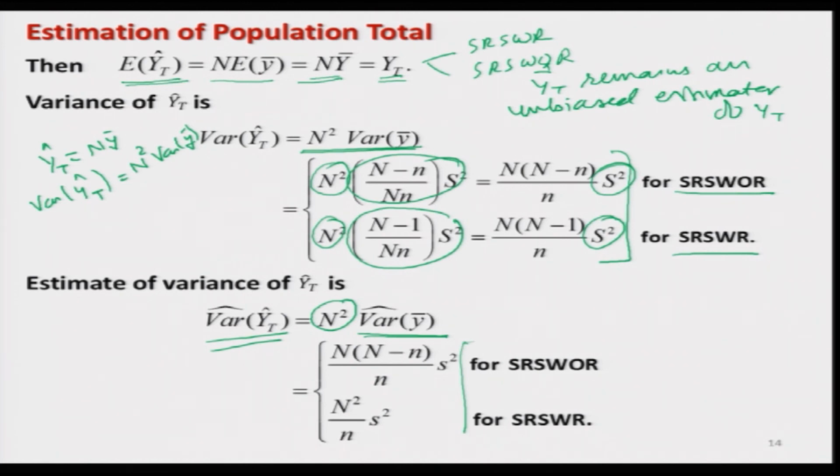So, now I stop here, and this completes the chapter of simple random sampling, but this was simple random sampling for quantitative variables. I have not told you, but we always assumed that whatever y1, y2, ..., yn we have taken are quantitative variables.